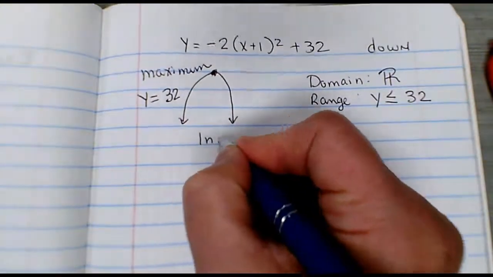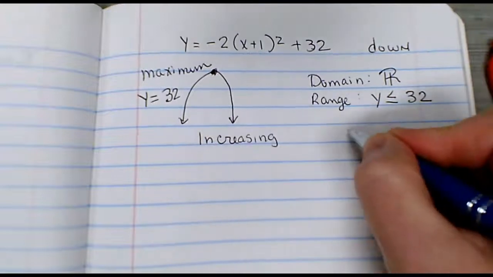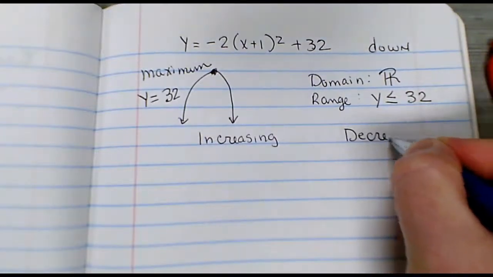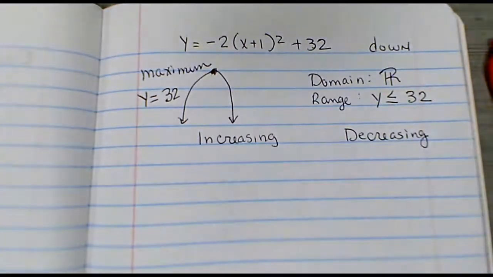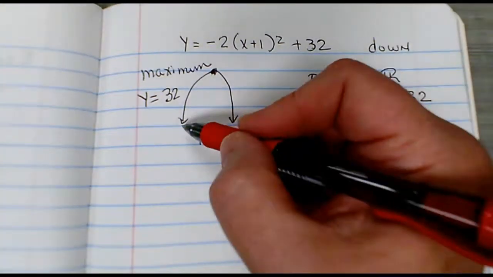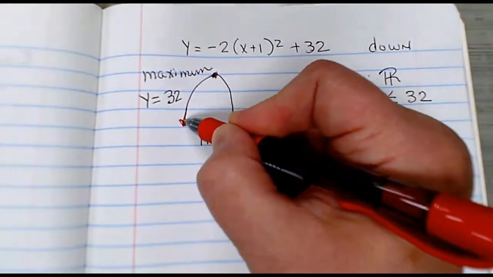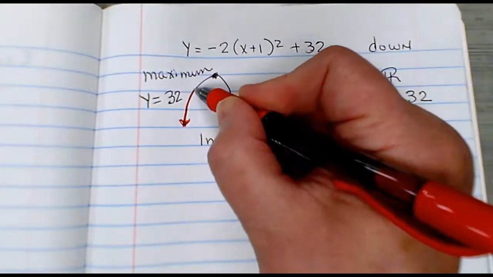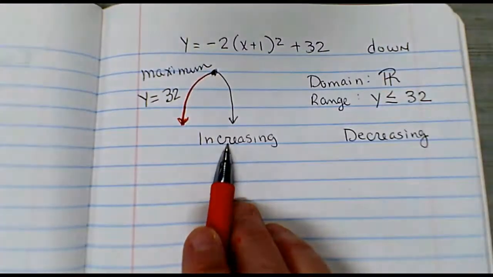And where is it increasing? Where is it decreasing? Well, if I start over here and draw it, what's my pencil doing? It's going up. That would be increasing.